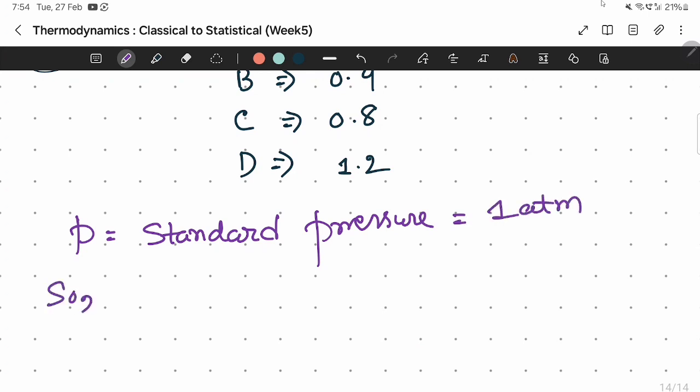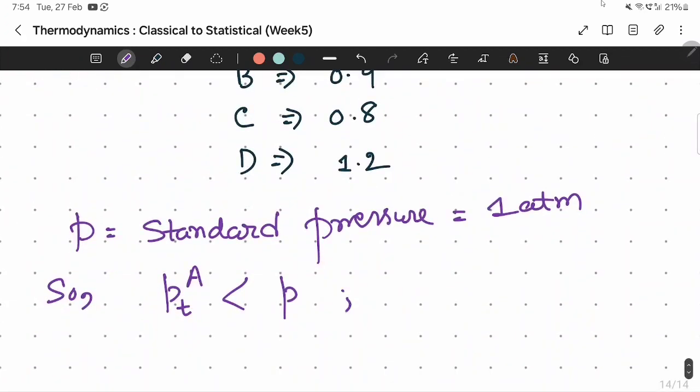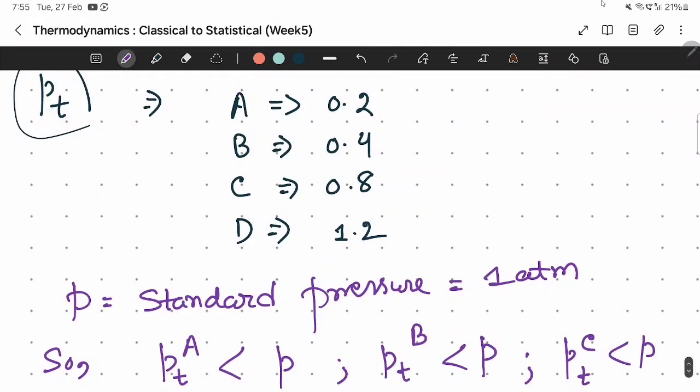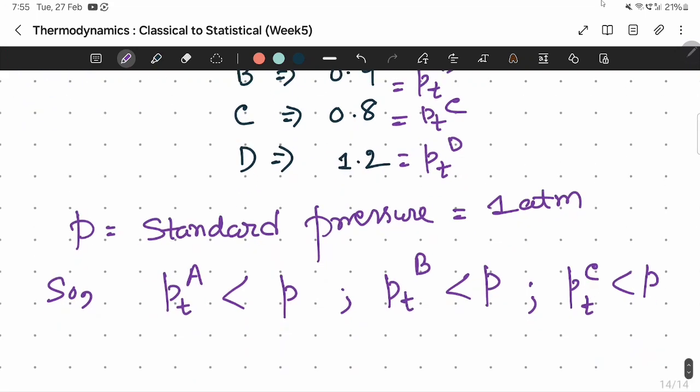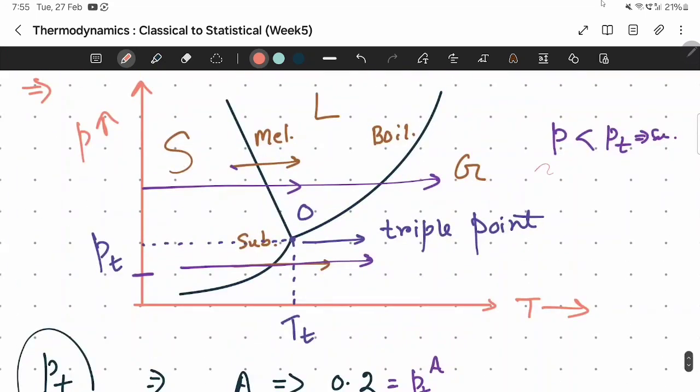So PT for A is less than P. PT for B is less than P. PT for C is also less than P. These are actually PTA, PTB, PTC, PTD. So for each case, but for sublimation, what condition do we need? We need that P is less than PT.